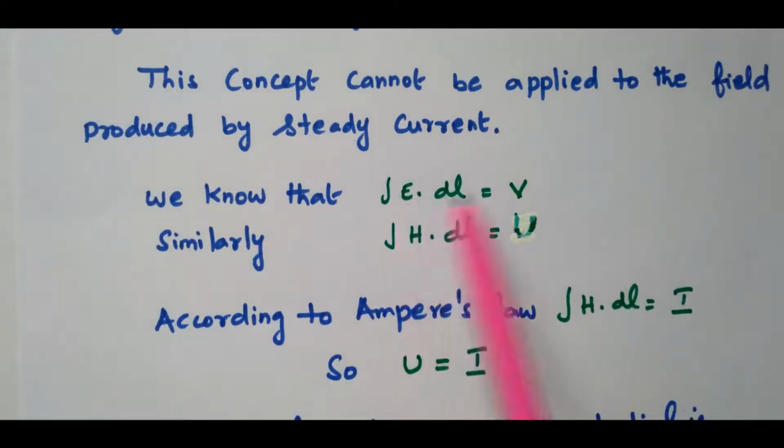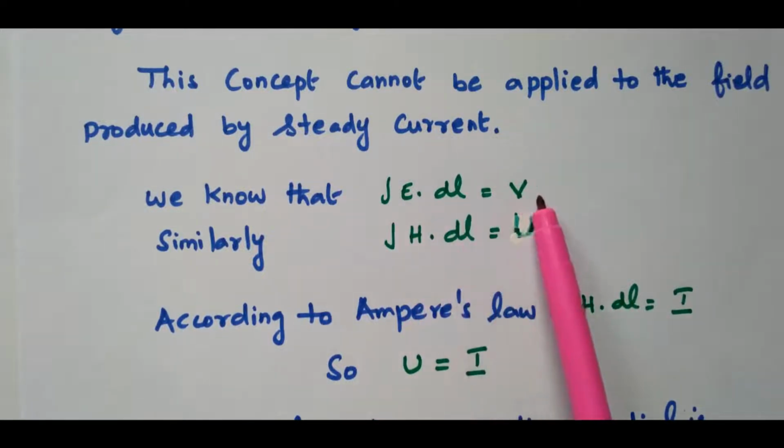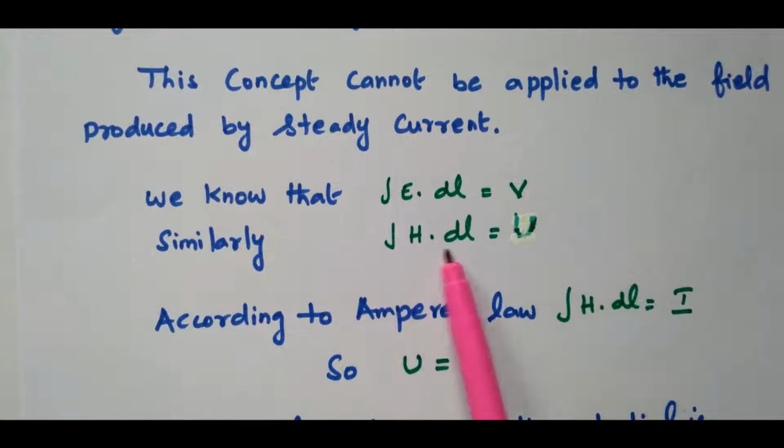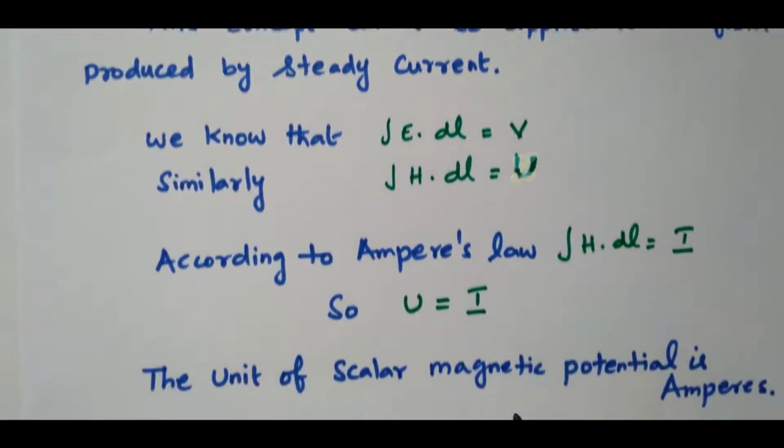So by comparing these two, since the left sides, integral H dot dl, are equal, the right sides are also equal. So U equal to I. That is, scalar magnetic potential is equal to current, right?